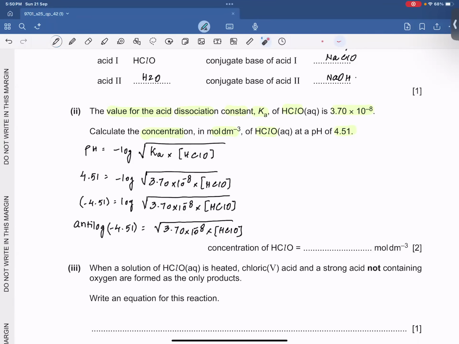So this answer is going to be like this: antilog minus 4.51, let's square it, equals 3.70 into 10 to the power minus 8 into concentration of HClO.